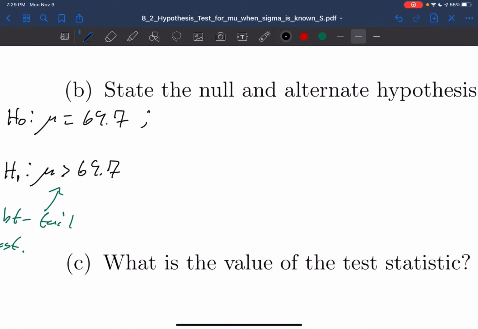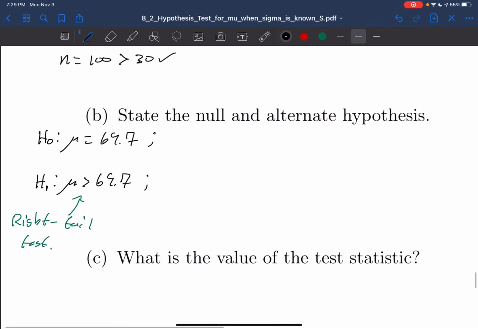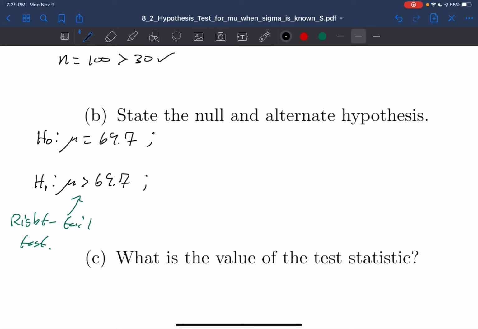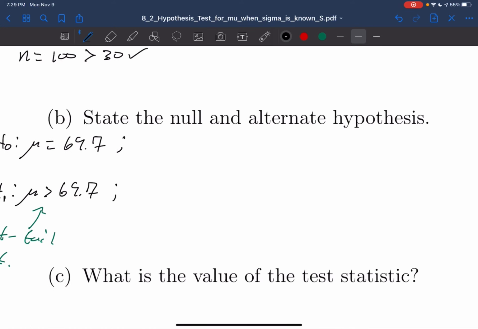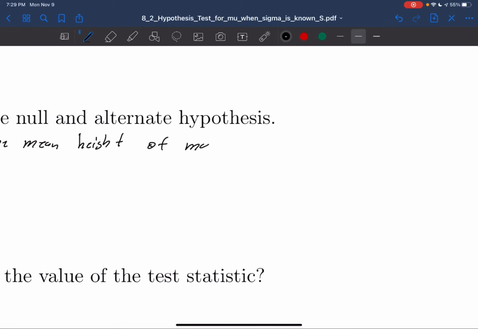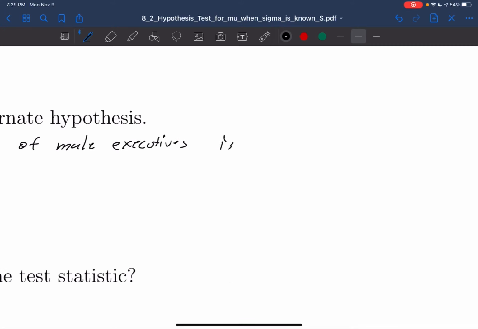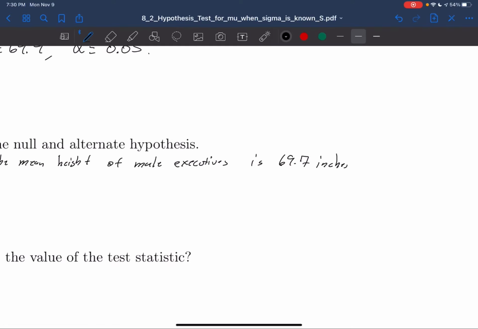Also, I'd like to actually write down what our null and alternative hypotheses are saying. So here, our null hypothesis says that the mean height of male executives is 69.7 inches, because 69.7 inches is the average male height of the population.